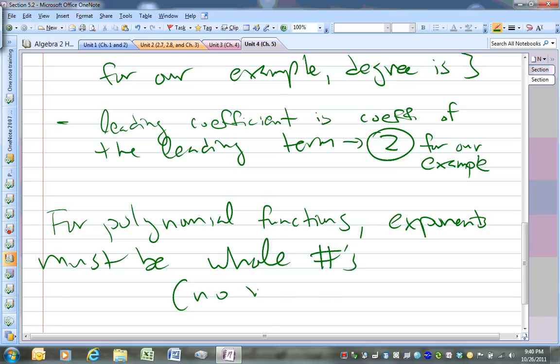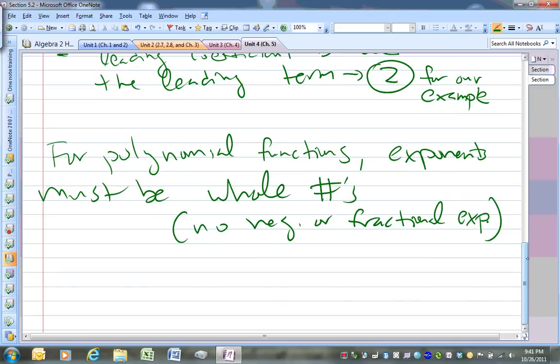So it means no negative or fractional exponents. If you have that, you do not have a polynomial function. Also, no variable exponents as well. So I think that's all I wanted to say about that part.